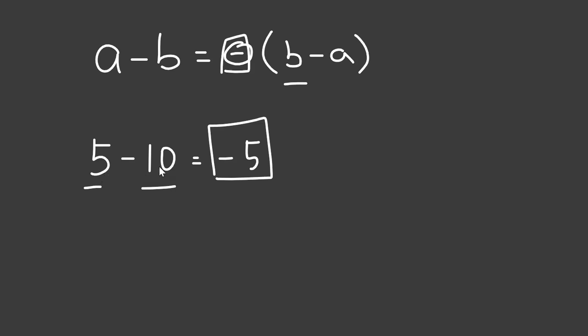For example, if a was larger, 10 minus 5, we all know what that is. That's positive 5. So we don't need to use that. But if we had 5 minus 10, 10 is larger than 5. So how can you take 10 from 5? We use negative numbers. 5 minus 10 is negative 5.